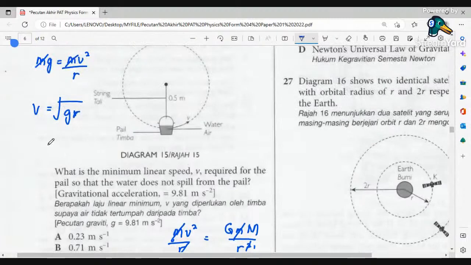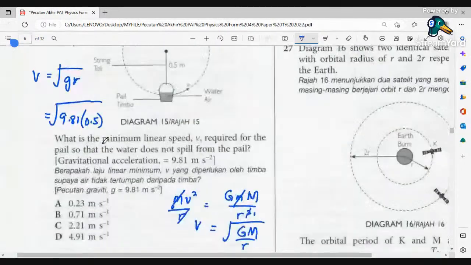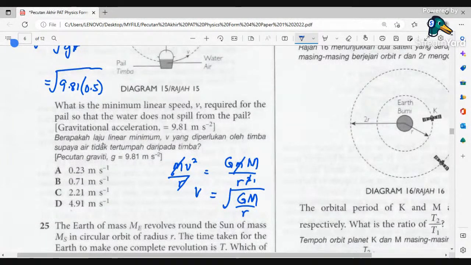I'll use this one because g is given. So square root of 9.81 times 0.5. Okay, the answer for number 24 is 2.21.